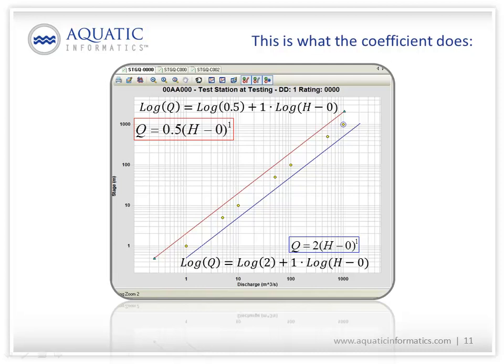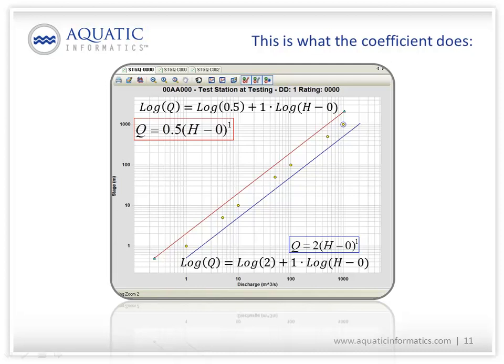The blue line shows where we've increased our coefficient from 1 to 2. It's translated the entire curve to the right. So there's no change in the slope of the curve, obviously, but there is a translation either to the left or the right, depending on whether you increase or decrease the coefficient.